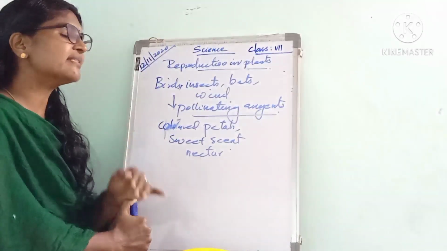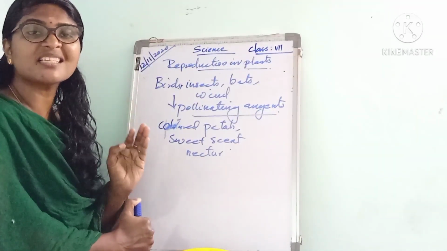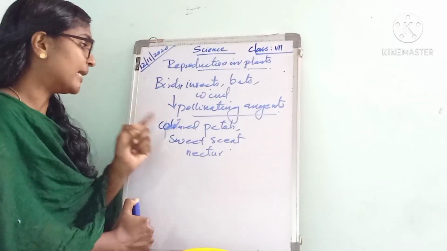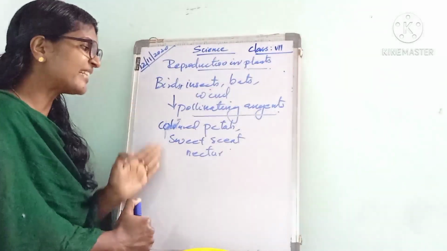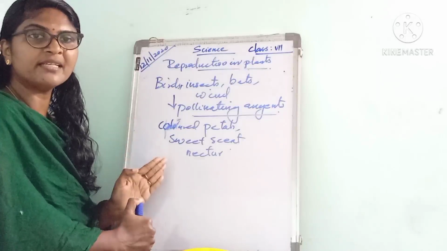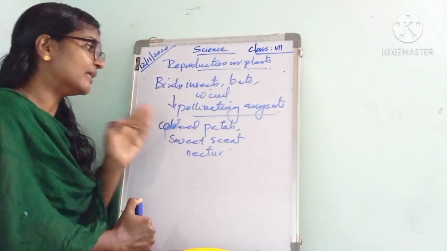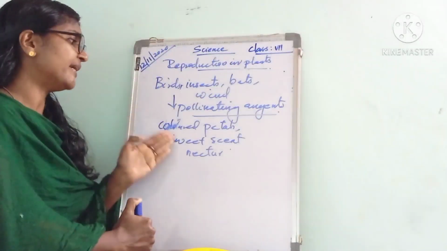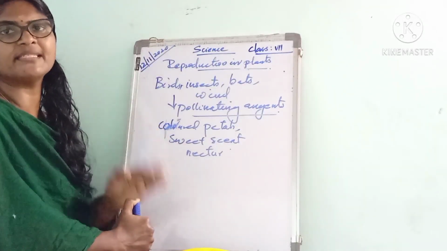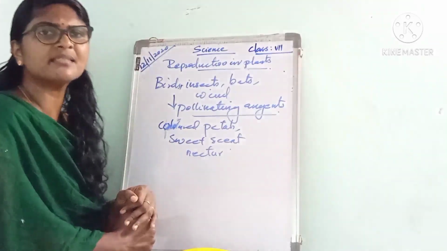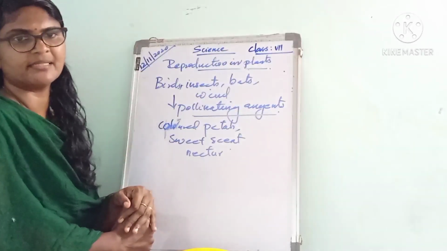Large colored petals, sweet scent and nectar are the important features of the flowers of plants pollinated by insects.